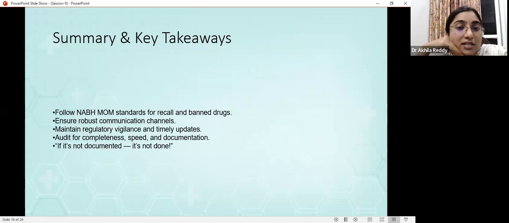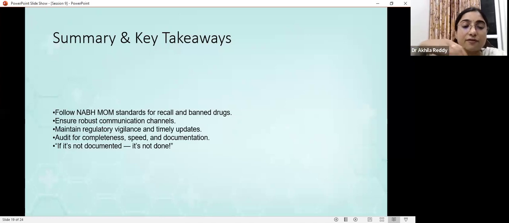Once we get the recall drugs, we immediately remove them from the system, and we give an alert, putting a pop-up in the EMR or tagging the latest guidelines with the existing formulary, so that it cannot reach the patient.